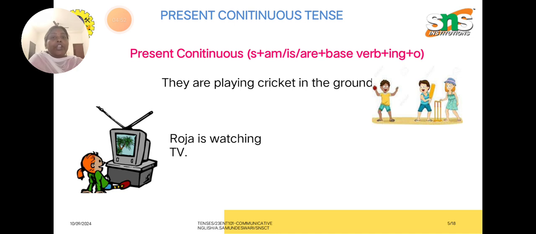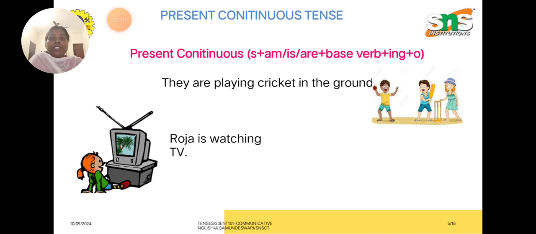The term continuous means the progress of an action at the time of speaking. The present continuous tense has the structure of subject plus am, is or are. These three be-forms of verbs can be used based on whether the subject is singular or plural.